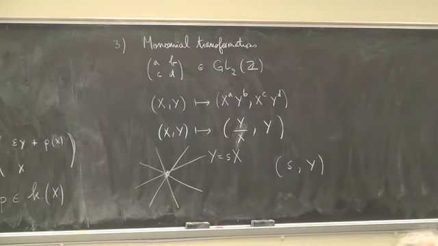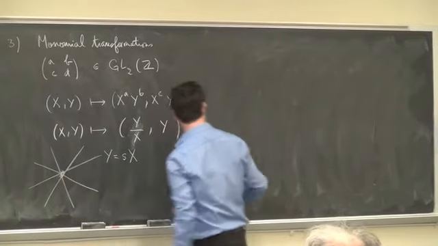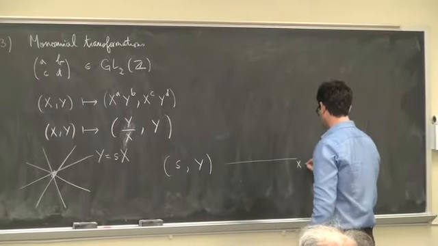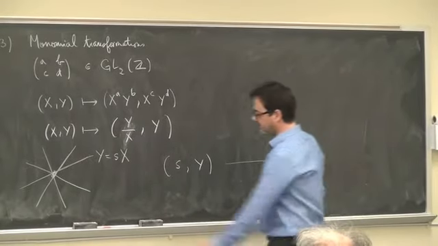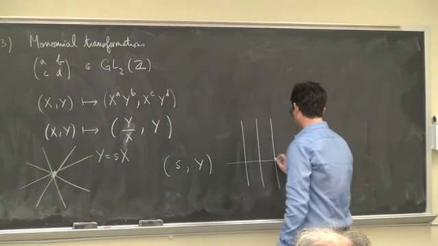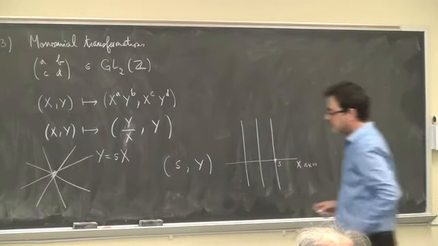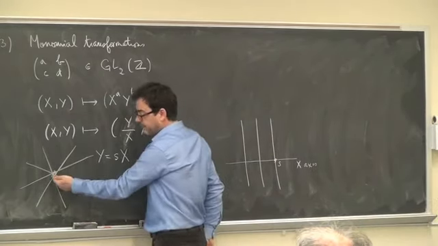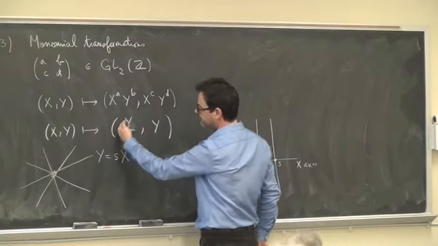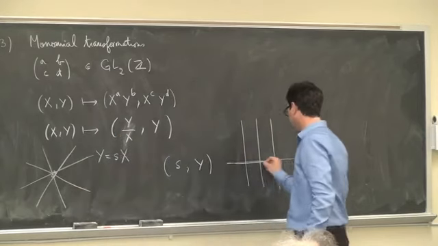So this picture is transformed into this one. Here is the x-axis, and each line is mapped to a vertical line, where here you read the slope. So the map is not well defined, and it's not continuous there. You get an indeterminate form, 0 divided by 0, and in fact this point is mapped to this line.